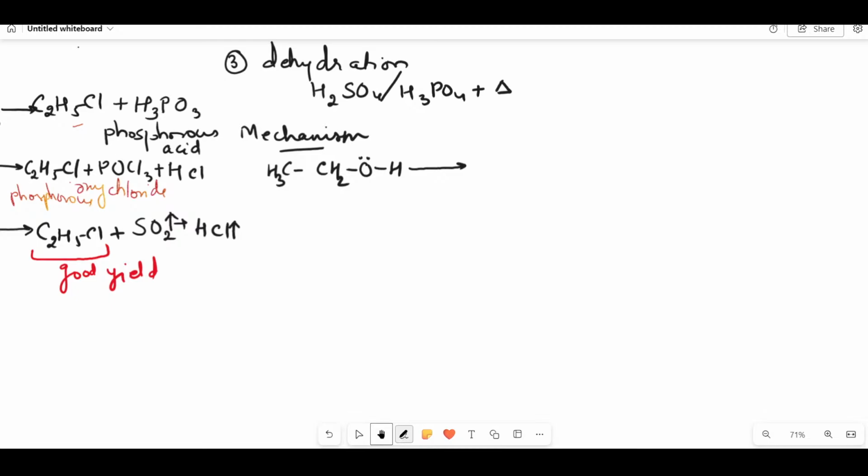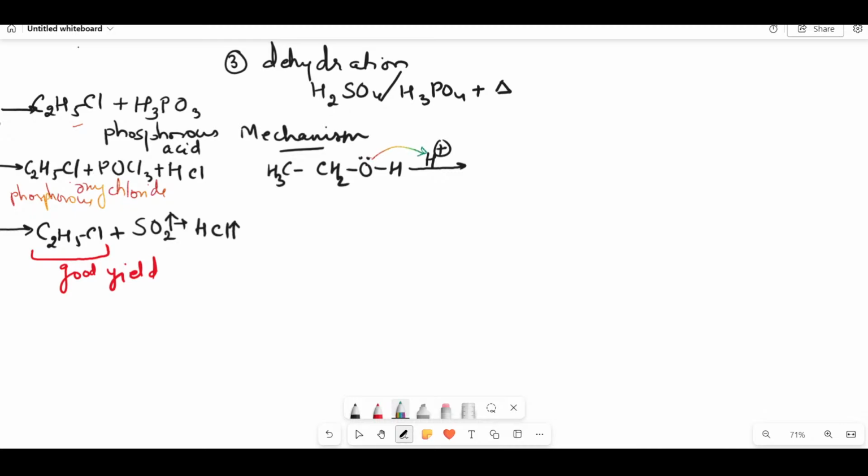Now, this O, when we are doing dehydration, alcohol, it will pull the H plus ion from this sulfuric acid. Any mineral acid will give us H plus ions. So, this H plus ion will be pulled by the oxygen which is containing the lone pair.